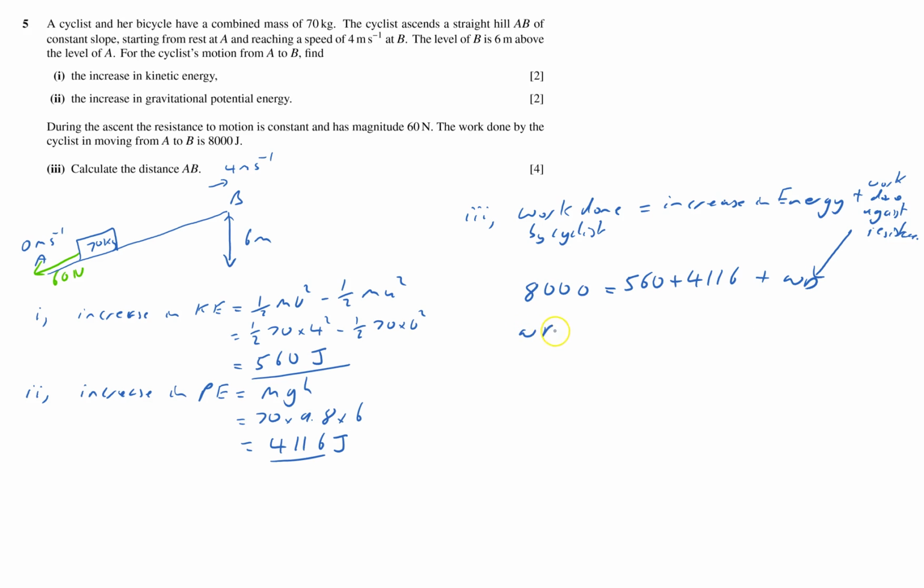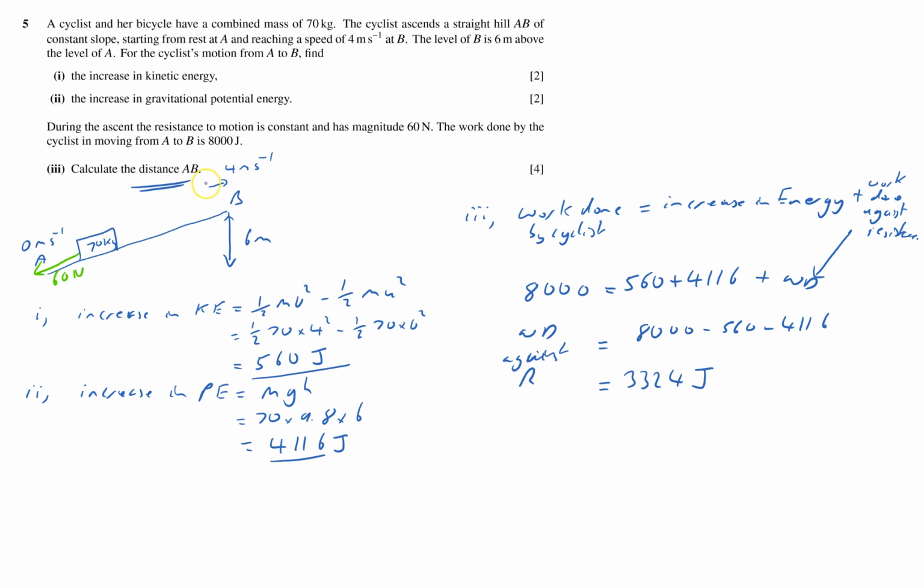And so the work done against resistance equals 8,000 minus 560 minus 4116, and that equals 3324 joules. But that's the work done against resistance.